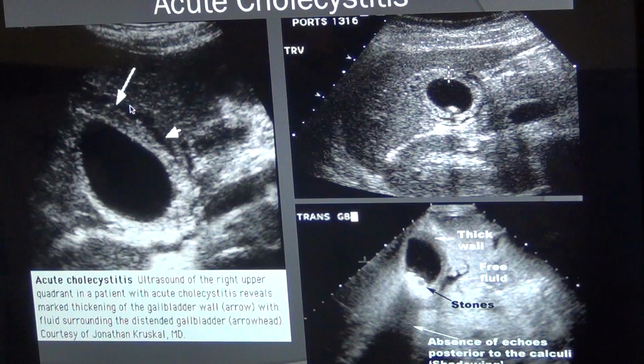Now I'd like to give you another idea: sometimes there is a single stone, sometimes there are multiple stones. So the gallbladder will get infected. When the gallbladder gets infected, sometimes you will see a stone in the neck of the gallbladder, it compresses the gallbladder wall, and the gallbladder vein gets compressed, followed by arterial occlusion.